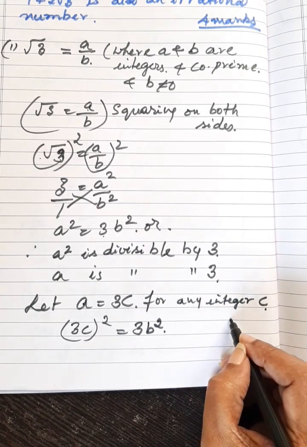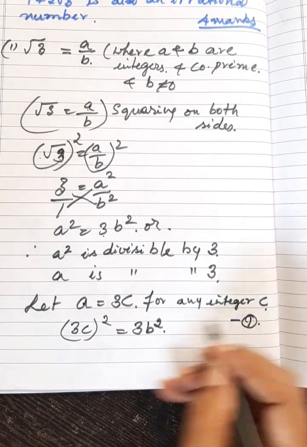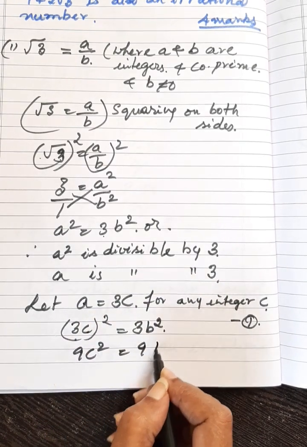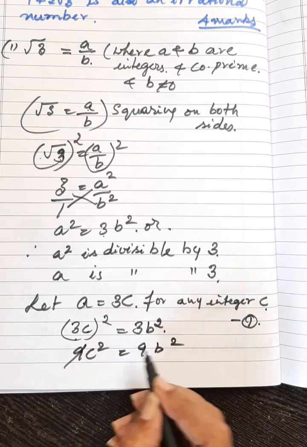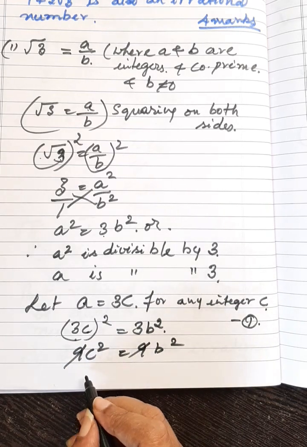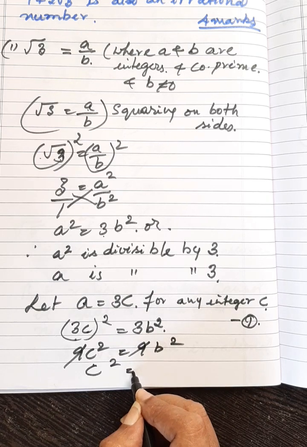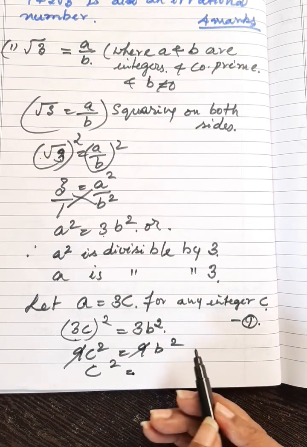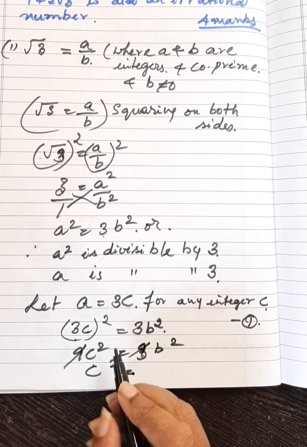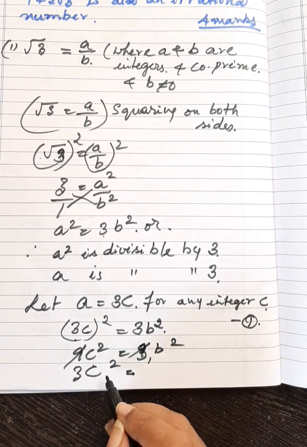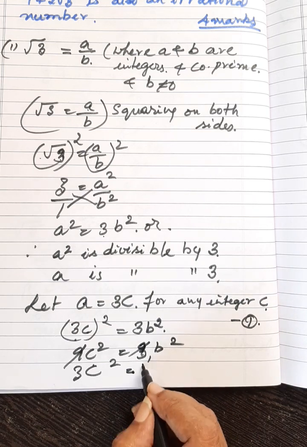Now this is the first equation. So 3 3s are 9: 9C square is equal to 9B square. Now this and this will go. Sorry, here 3, no. 3 into 3 is 9, so 3C square is equal to B square.